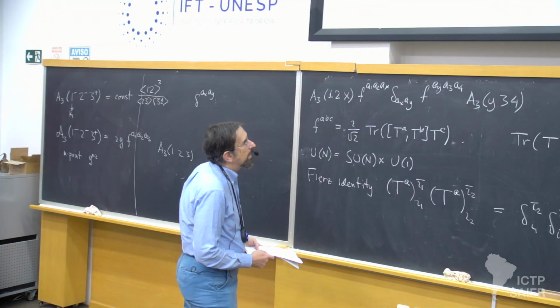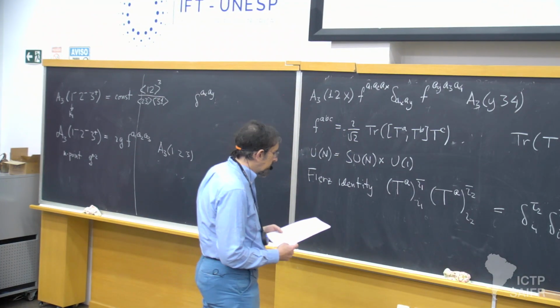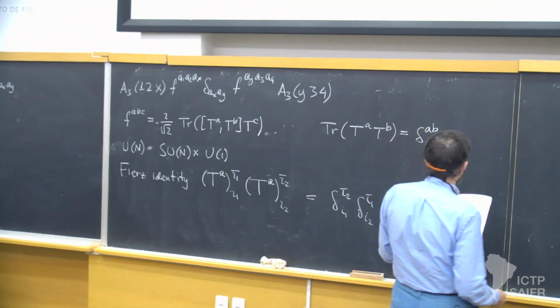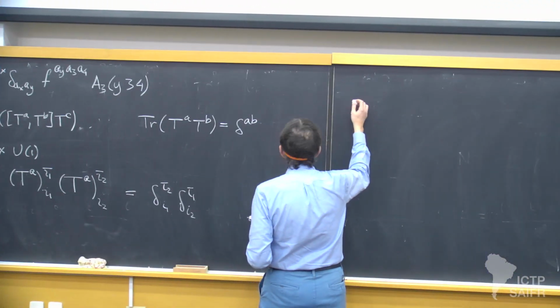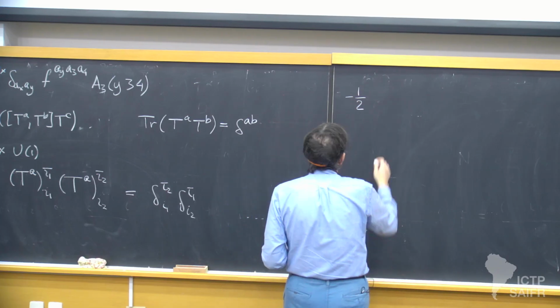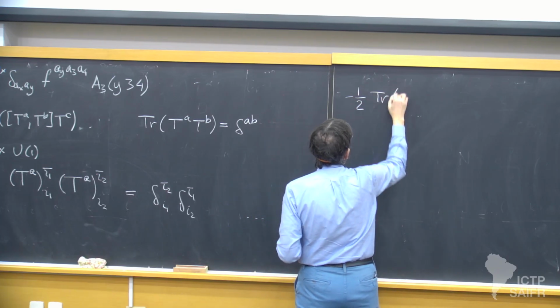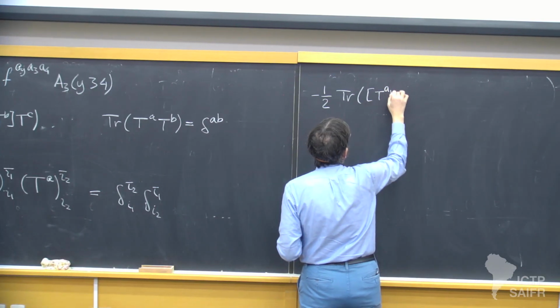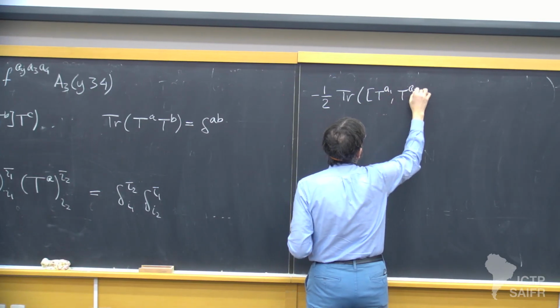And so now if we want to contract our two structure constants, then we can write that out over here. We just have two traces, A1, the commutator of A1 and A2.